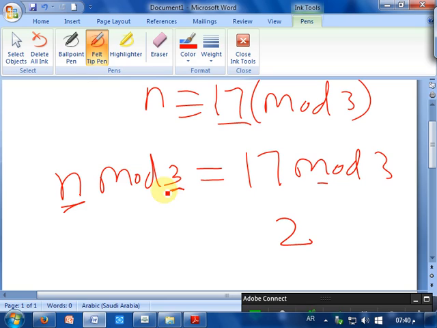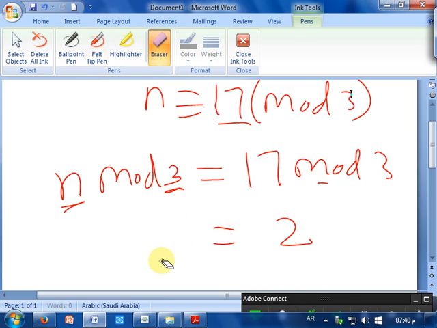Let's try 2. 2 mod 3 is 2 only. It will not go. A number less than the modulus is the number itself.